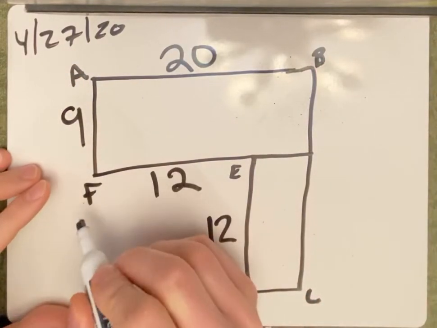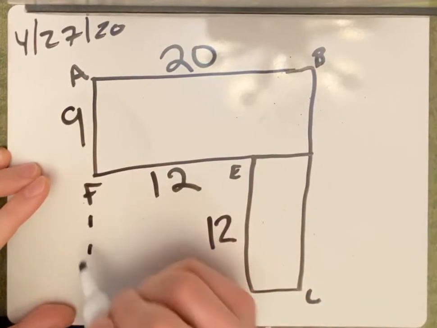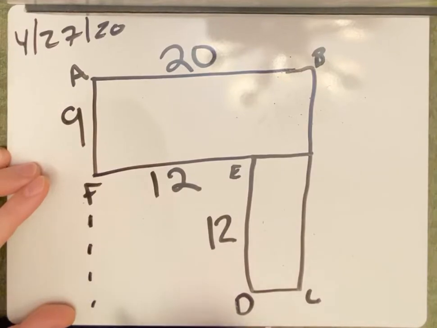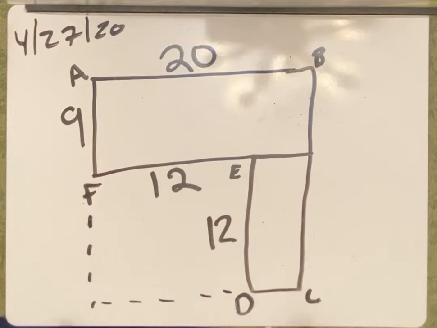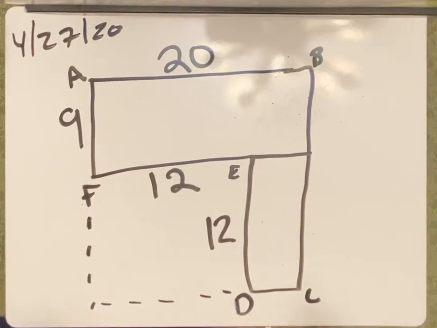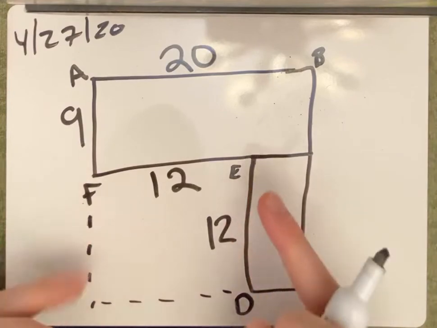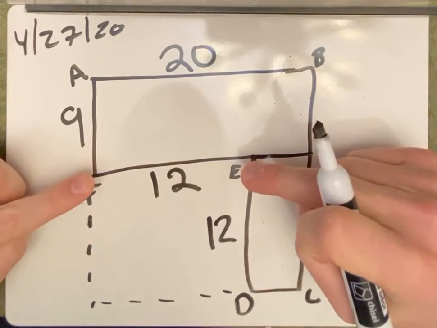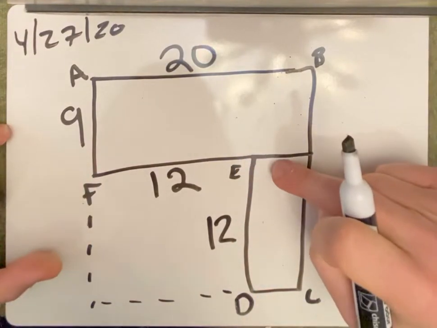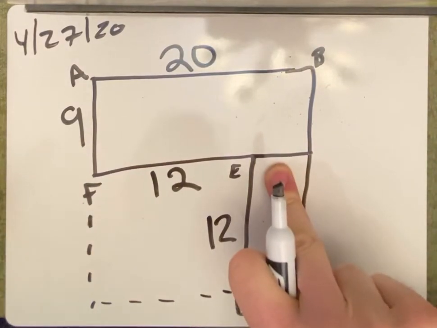That means if I created an imaginary line over here to cut off my shape, that would tell me that this whole thing is 20. Okay? So if this whole thing's 20, I know this whole thing has to be 20. But since I know that this here is 12, I'm pretty much missing this piece right here, right?